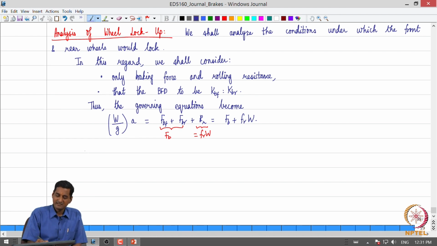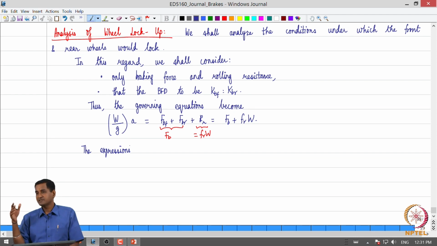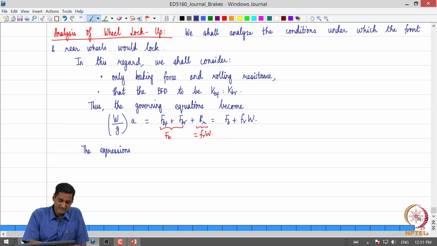Now, the expressions for WF and WR can once again be calculated by taking moments and taking cos theta to be almost 1, making the same assumptions.